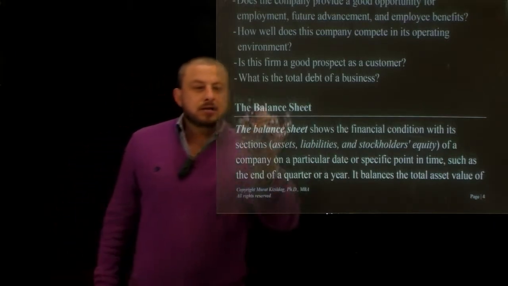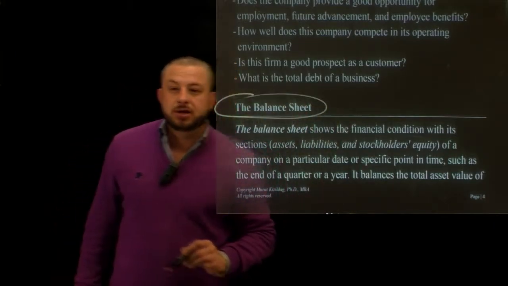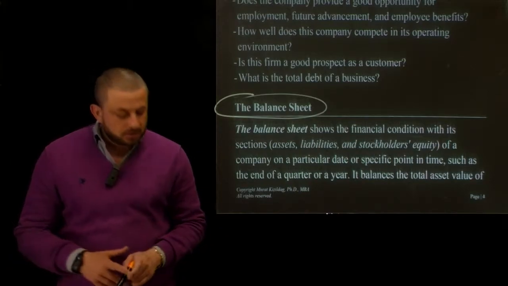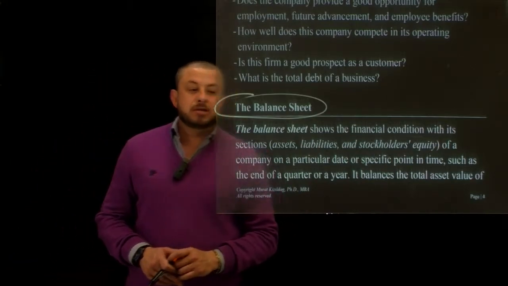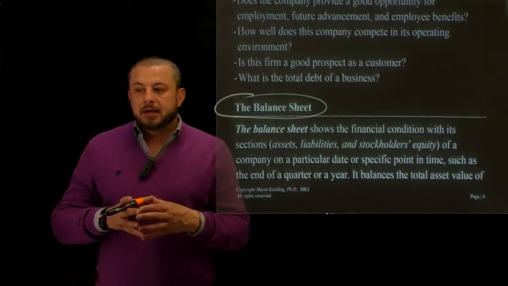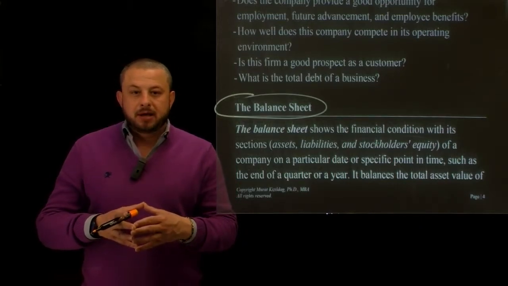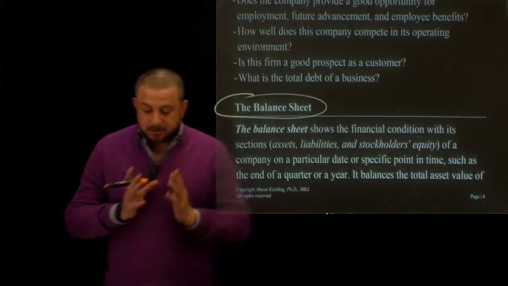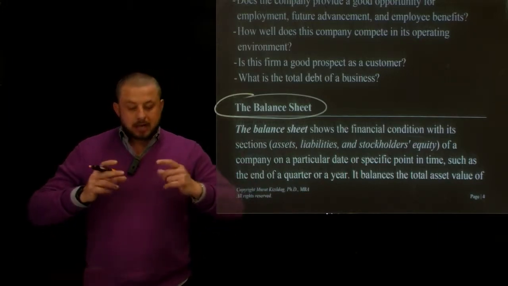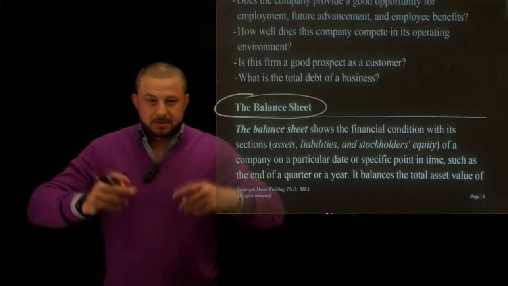So guys, we're going to start with the balance sheet. Okay, the balance sheet is one of the most important financial statements, and of course it shows the financial condition of the company at the time it is prepared.